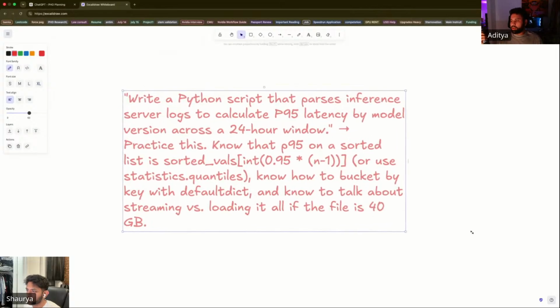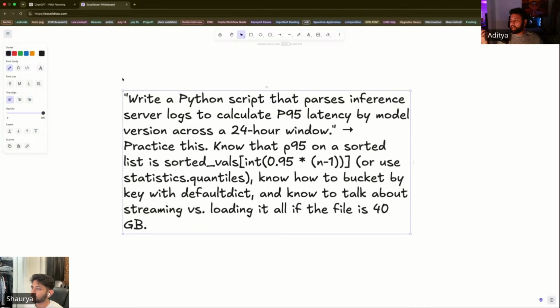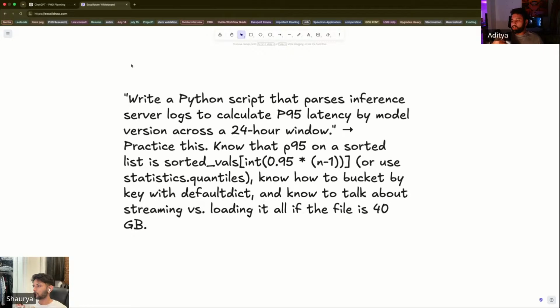Write a Python script that parses inference server logs to calculate P95 latency by model version per window. Use a sorted list, use statistics, group by key, and talk about streaming versus loading it all if the file is huge. No, bro, nothing. I think it's more about inferencing, but I don't know how this P95 latency and all those things work.